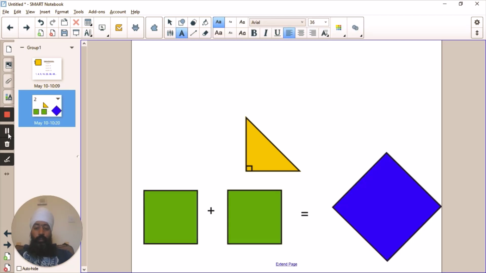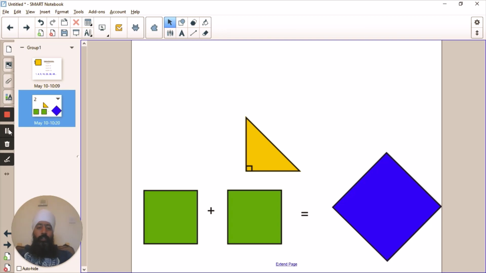Another way to say it is that the sum of the 2 squares which have the same side as the smaller sides on the triangle is equal to the total area of the largest square which has the same side as the longer side of the triangle.